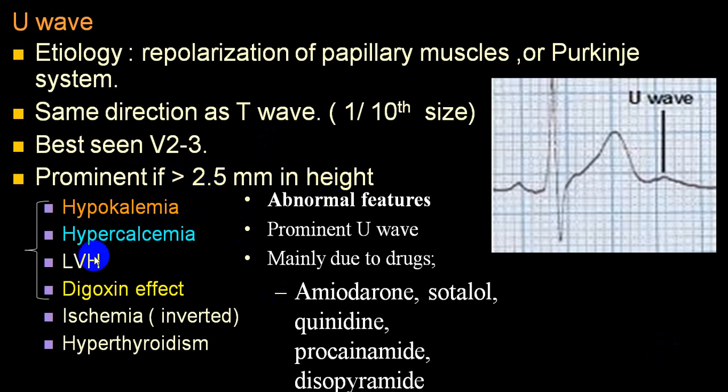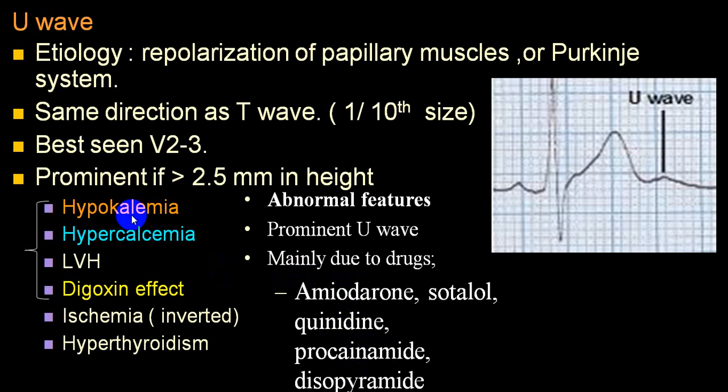There are three classical conditions you will come across very frequently. One is hypokalemia, second is hypercalcemia, and third is LVH. And particularly in a person who is on digoxin, what we call digoxin effect, can also produce a prominent U wave. While in case of ischemia, it is inverted, or in a person who is on certain drugs like amiodarone, sotalol, quinidine, procainamide, disopyramide, this can also produce a prominent U wave.